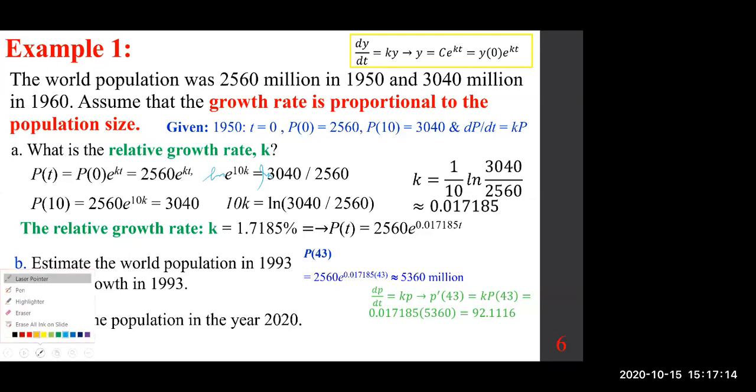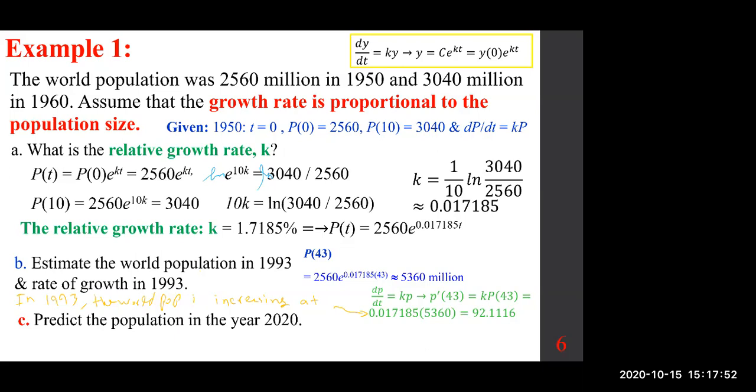So it means in 1993 or after 1993, the world population is increasing at this rate per year.